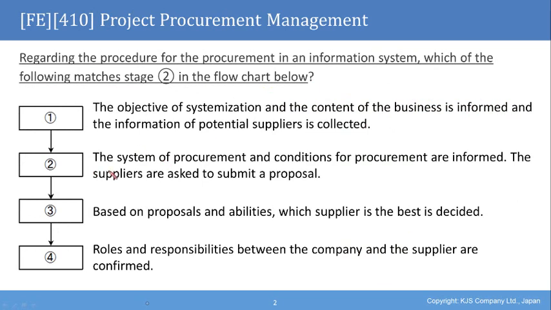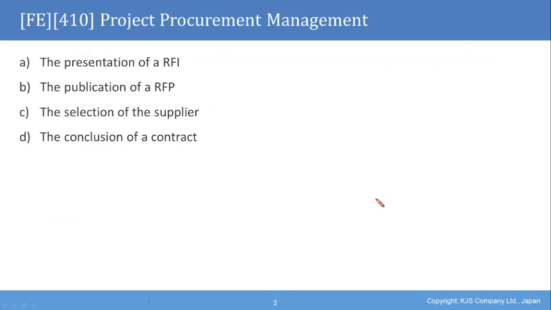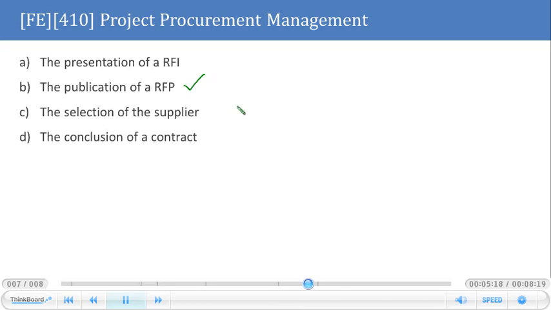Stage 2 was about laying down the system of procurement and the conditions of procurement, and suppliers submitting a proposal. Then we just found that we need an RFP, a request for proposal. This means that the answer is option B, the publication of an RFP.